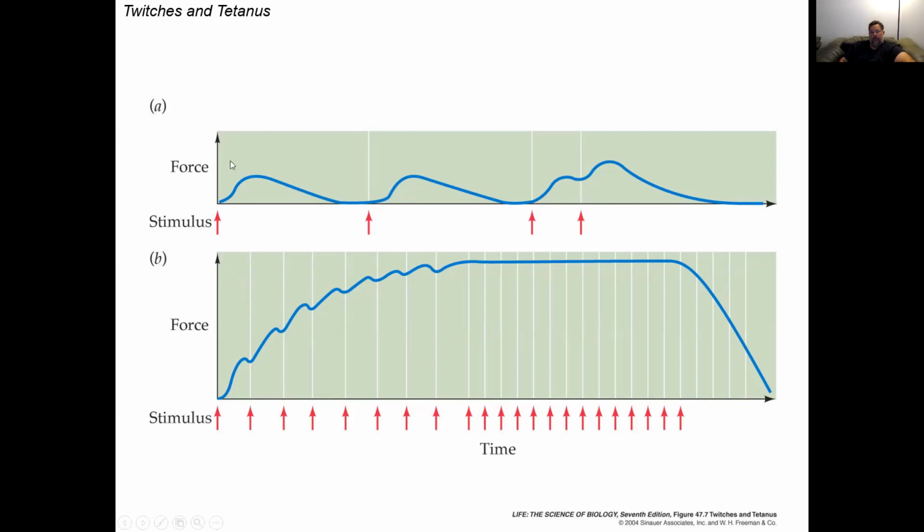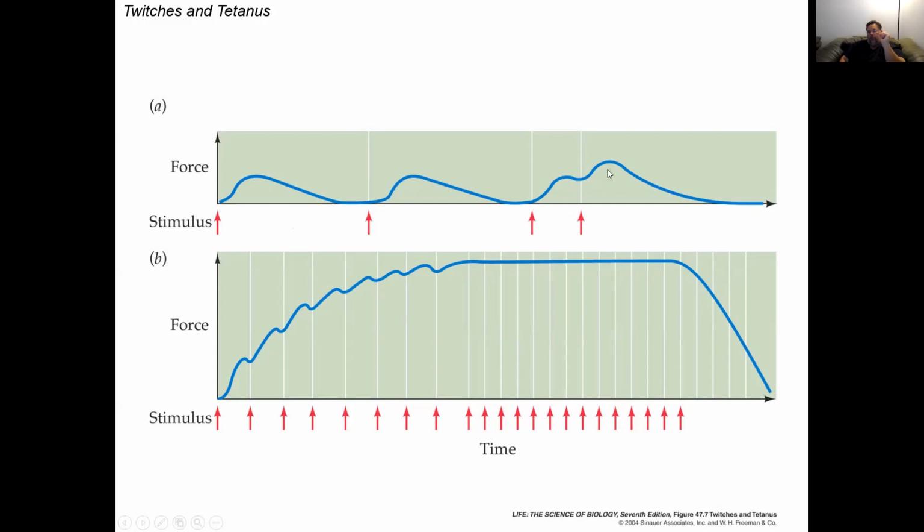That was an individual twitch, and then you'll see another twitch. But what happens if we did the two electrical stimulations at once, or within closer proximity in time? This is far apart at the beginning, and we saw a twitch. And if you look at my cursor, we see two electrical stimuli closer together than over here.